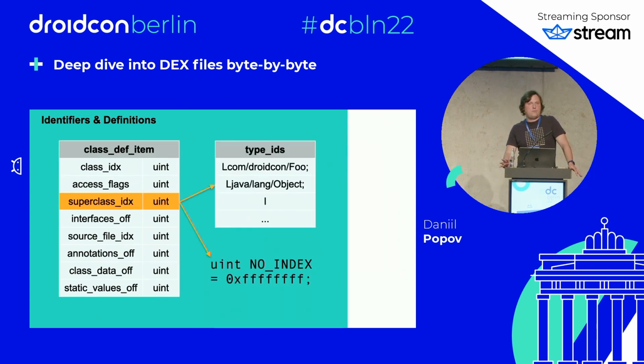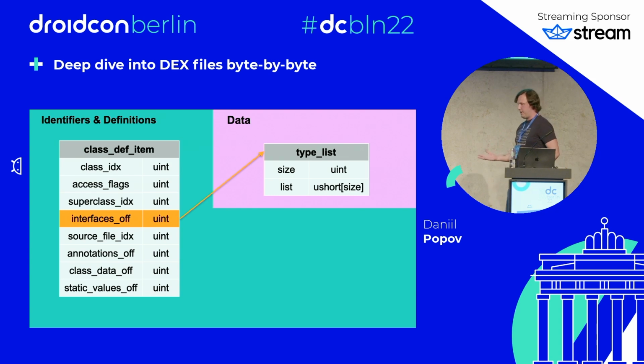Also, every class in Java must have a parent class, except Object. So superclass idx is the field which is an index in the type ID section, which denotes the superclass of this particular class. And for Object, there is a special no-index value placed there, marking this class as not having a superclass.